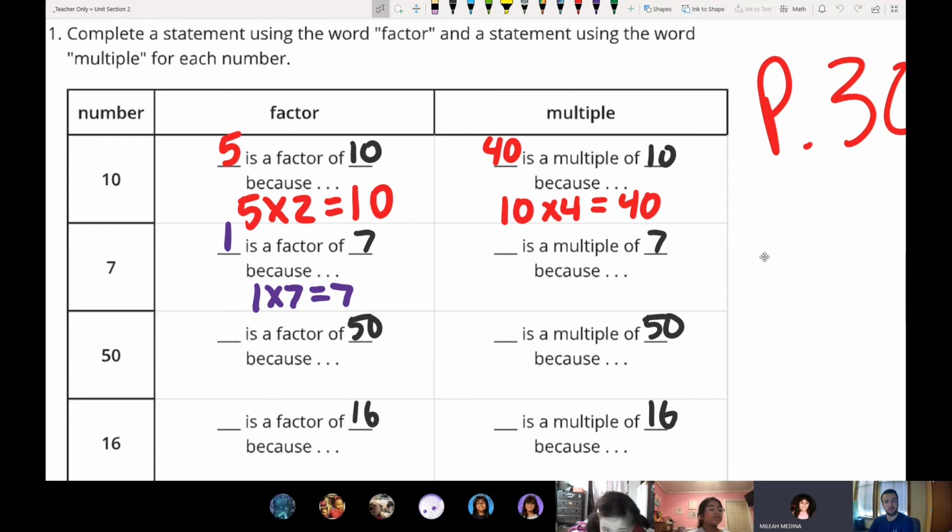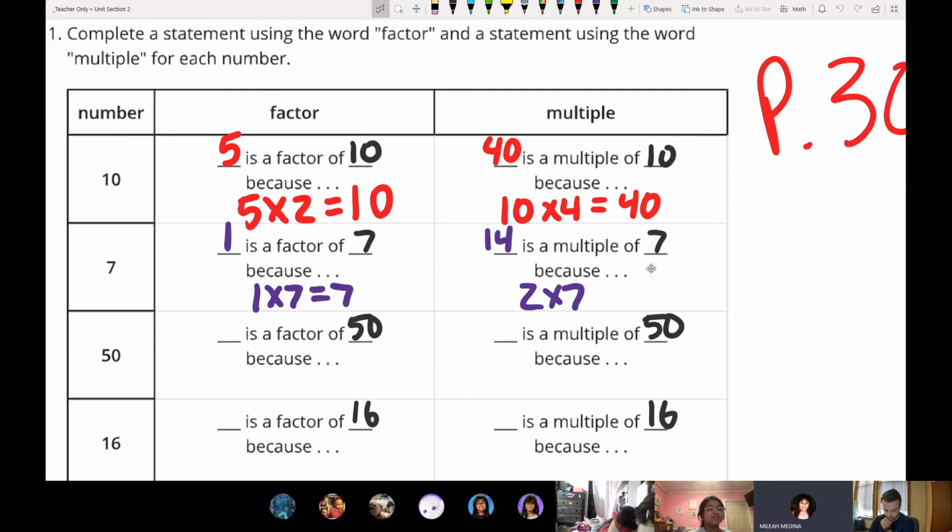1. So if we're counting by 7s, what's a number that we could land on? 14. Yeah, that would be an example. Why would that work? What's the multiplication problem for that? 2 times 7.